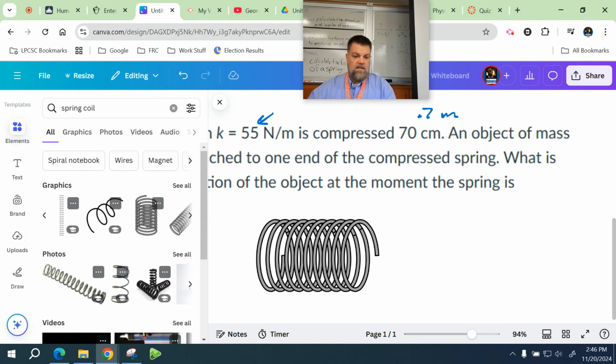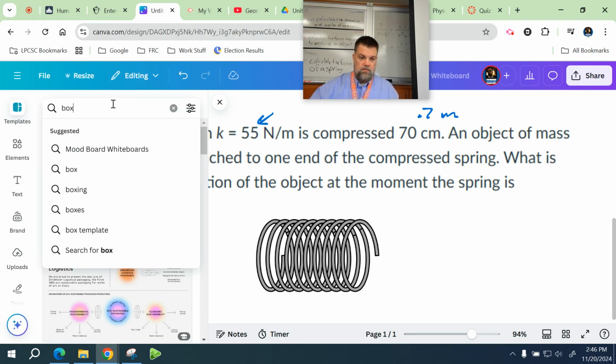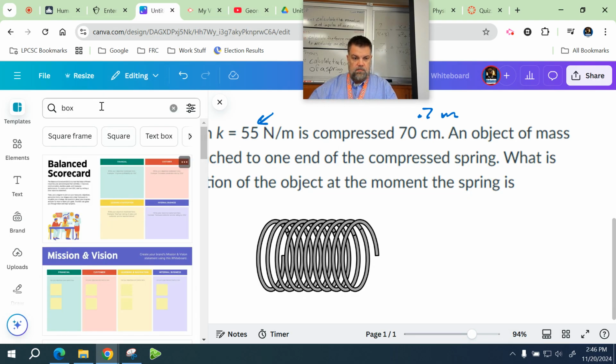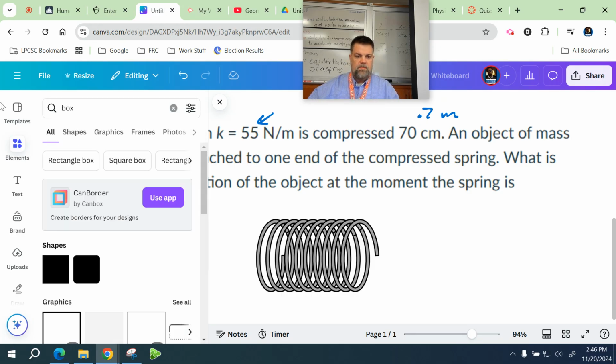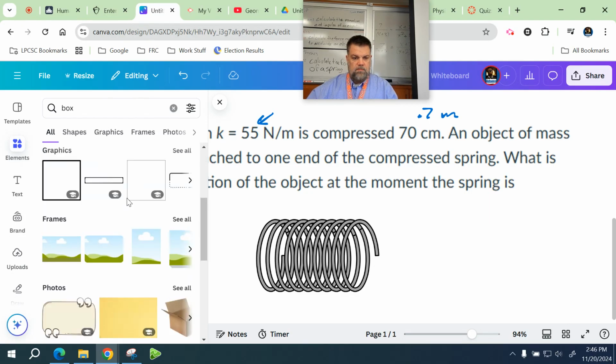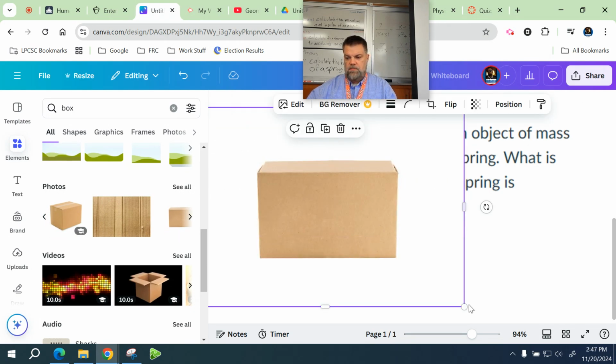So let's just, I don't know, we'll just put a box. Oh, shoot. Typed it in the wrong spot. Now I want a cool box. There we go. That'll work.